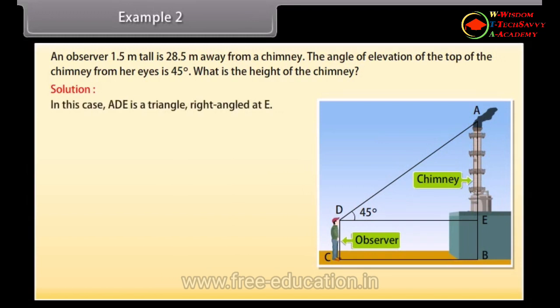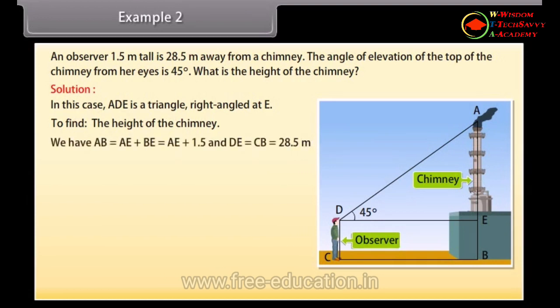In this case, ADE is a triangle, right-angled at E, and we are required to find the height of the chimney. We have AB equals AE plus BE equals AE plus 1.5, and DE equals CB equals 28.5 meter.